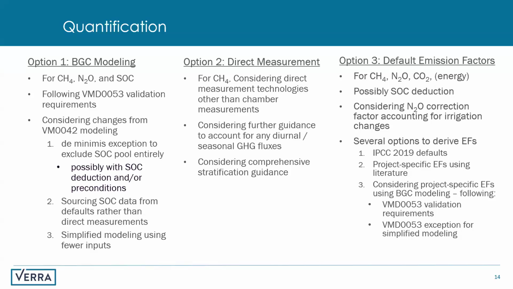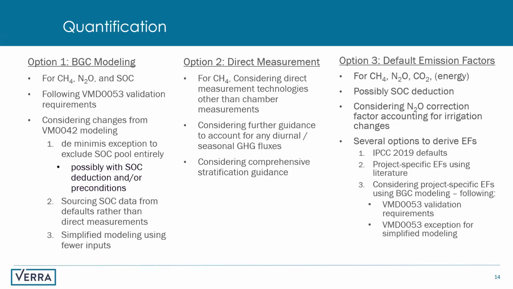Lastly, default emission factors. So these are widely used in the previous projects that we saw in the VCS and also other systems. So we're going to be bringing those across from the AMS3AU, updated for the IPCC 2019 refinements. So those include defaults for methane, nitrous oxide, and CO2 from energy usage. Again, we mentioned that we might have a SOC deduction for a de minimis exception.